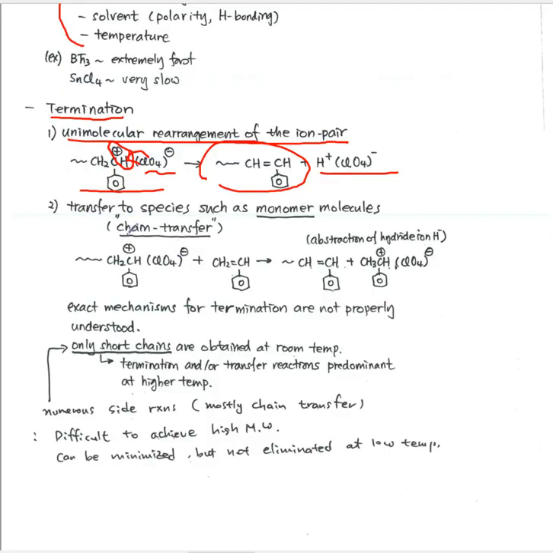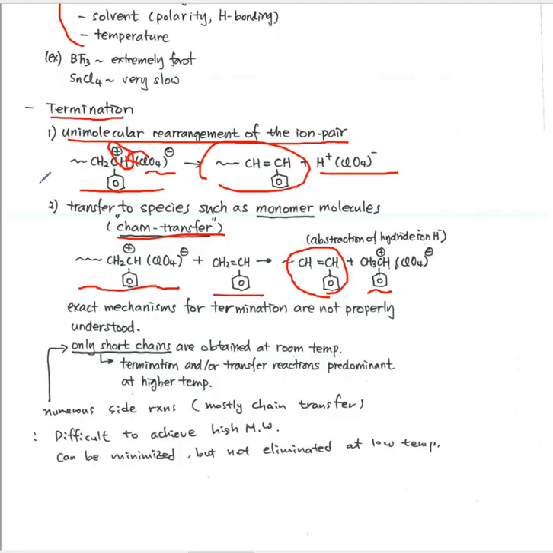Or chain transfer can also occur. Basically, cation chains react with monomer, and this monomer becomes this cation, and this reaction just ends here.